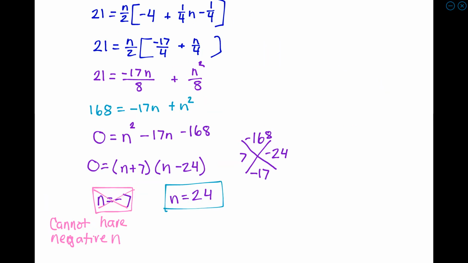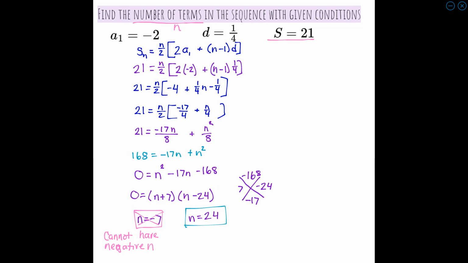So this sequence has 24 terms. There are 24 terms in this sequence. And that's kind of the end of our summation stuff that we're working with today.